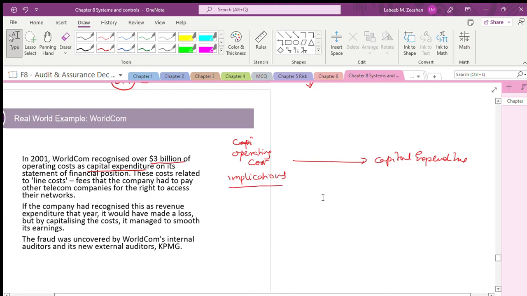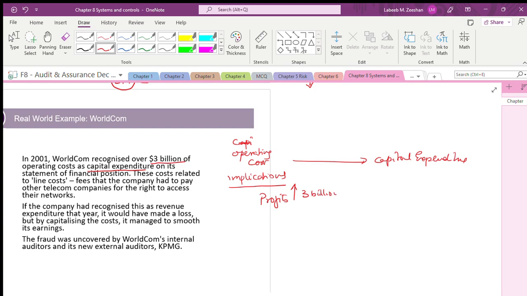Automatically, the profits will increase by how much? 3 billion. We are not showing it as a cost. And the assets will also increase by how much? 3 billion.